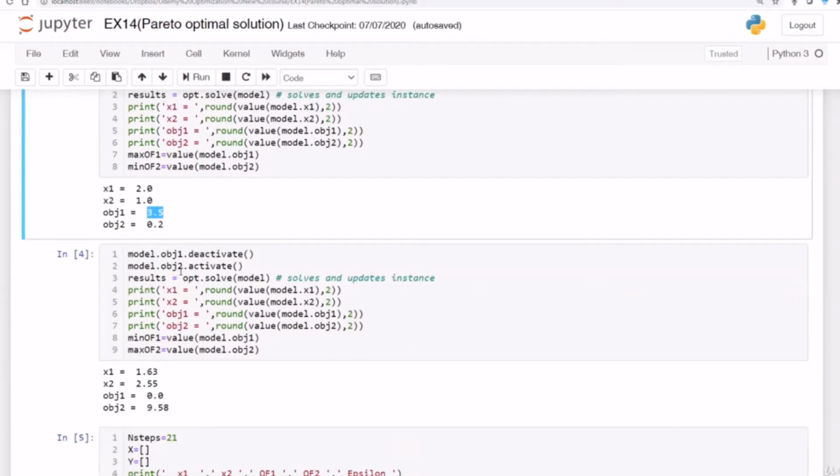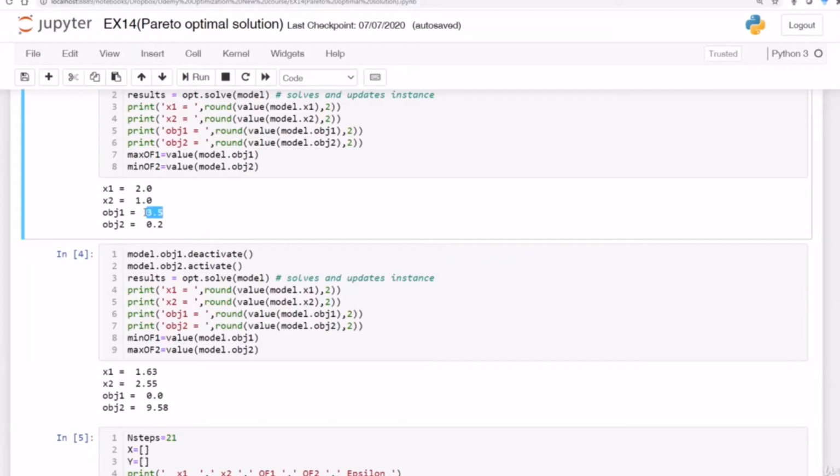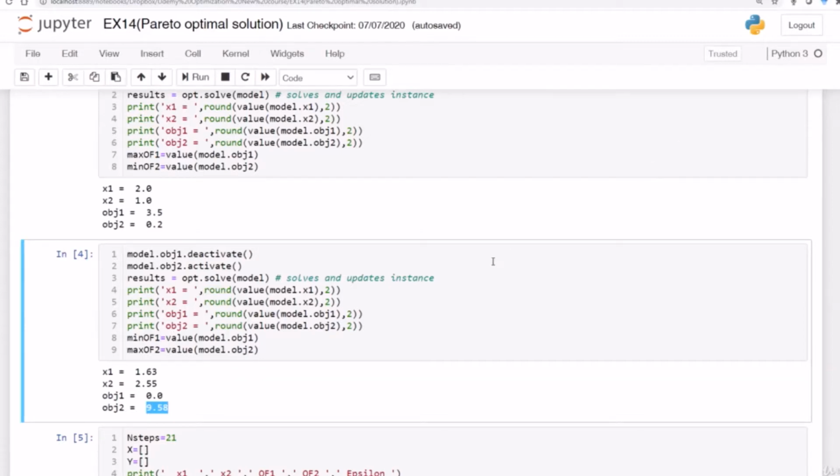But next time I will deactivate objective 1 and keep objective 2 activated, and then resolve the problem again. So look at the objective functions. The first time objective function 1 has its maximum value. Second time objective function 2 has its maximum value. Okay, so the range of that Pareto optimal is found, and the x1 and x2 are found.